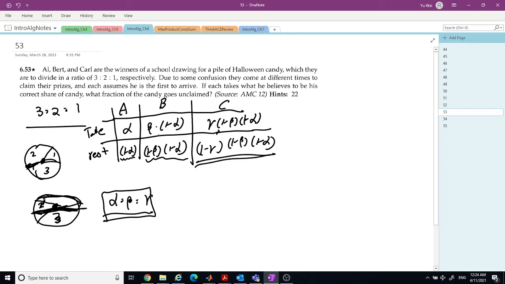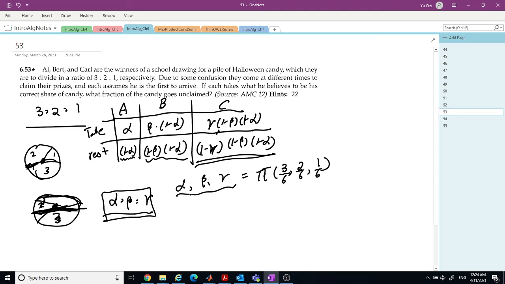From here you can see that, based on the order in which they come, alpha, beta, gamma can be a permutation of the 3, 2, 1 pieces, and the final answer doesn't change, because no matter what it is, it's a permutation of that, divided by 6, the total pieces.